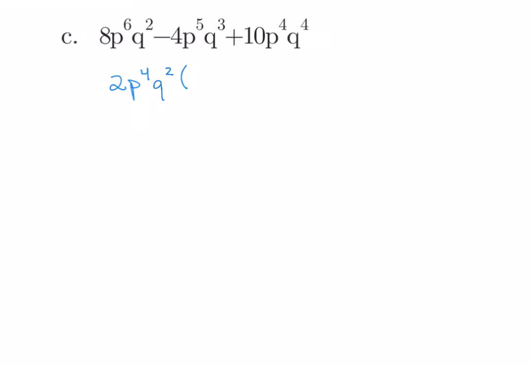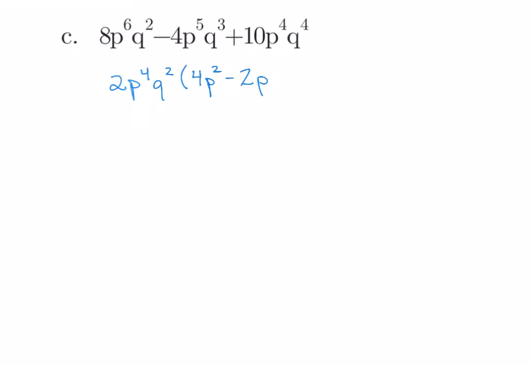All right, if we divide each term by our greatest common factor, we get 8 divided by 2 is 4. P to the 6, if I factor out p to the 4, I am left with p squared. And we factored out all of the q squared, so we don't have any q squareds left in this term. Minus 4 divided by 2 is 2. P to the 5th, if I factor out p to the 4, I am left with p.